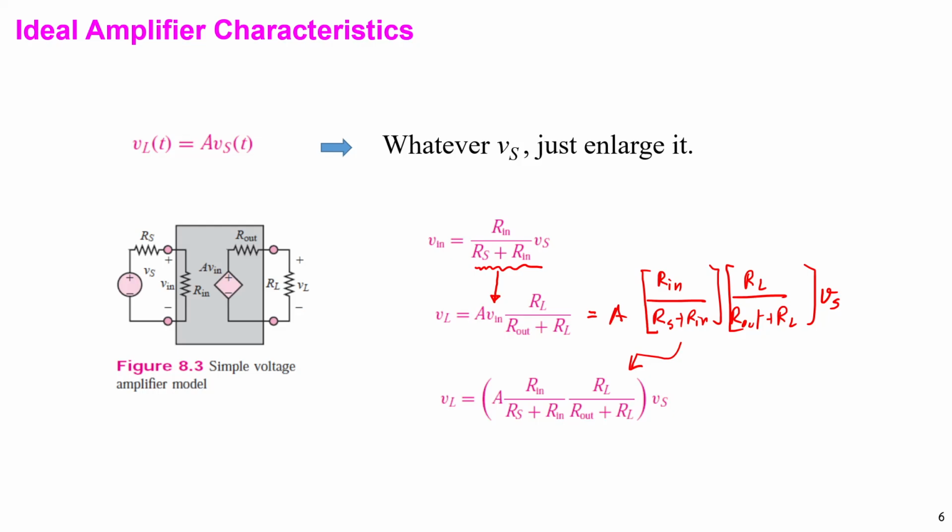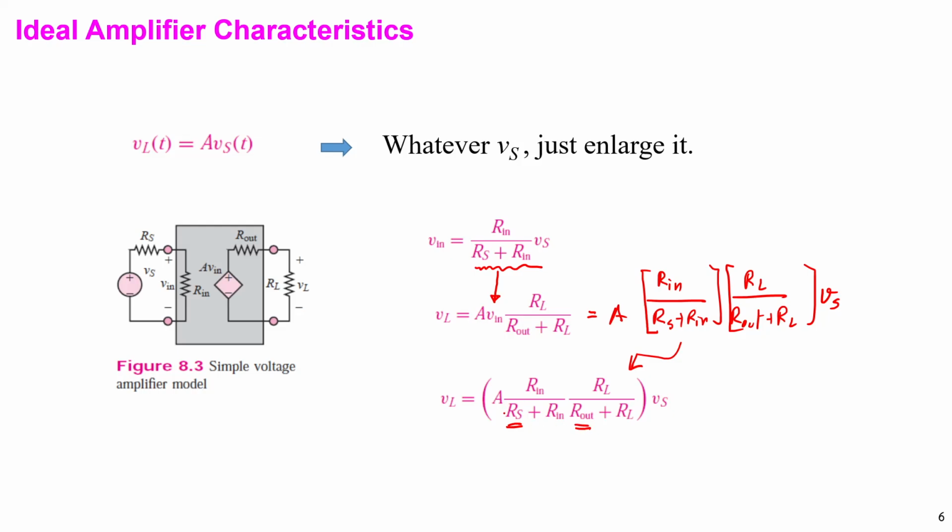So this is the relation between VL and Vs, right? When we consider Rout and Rs.